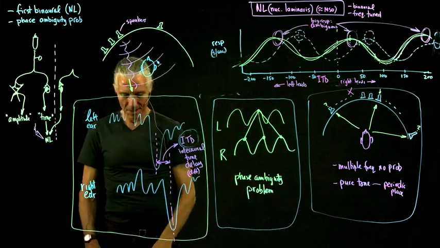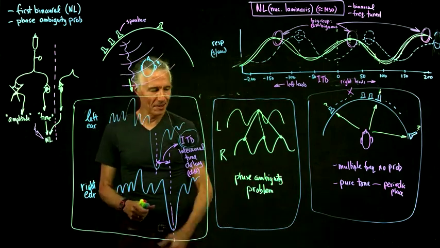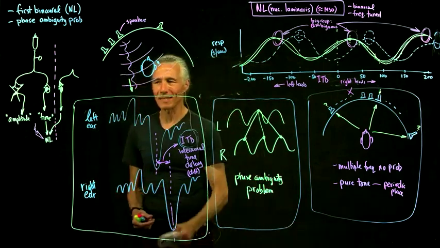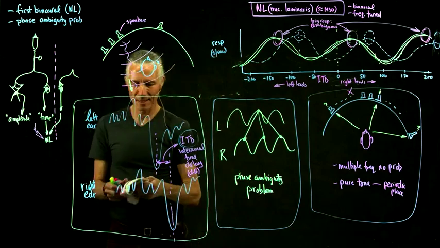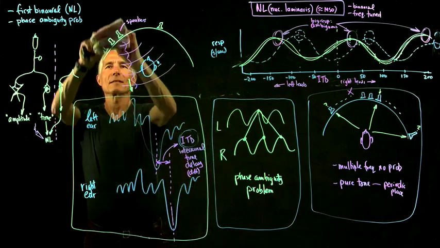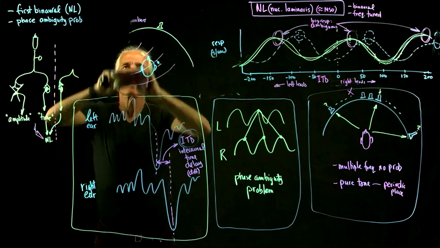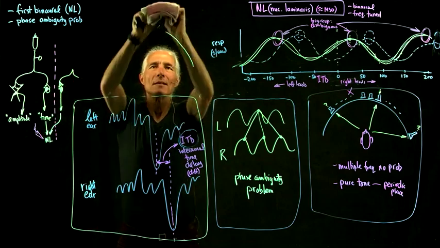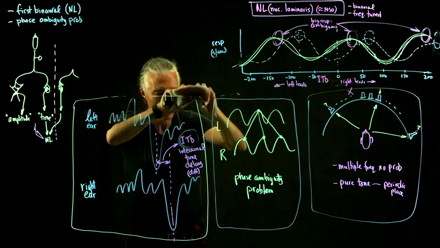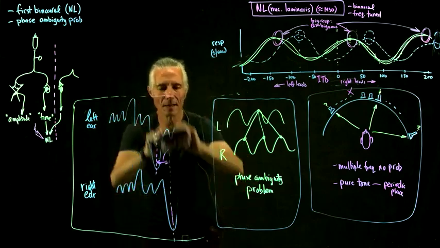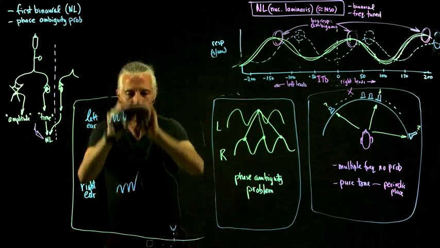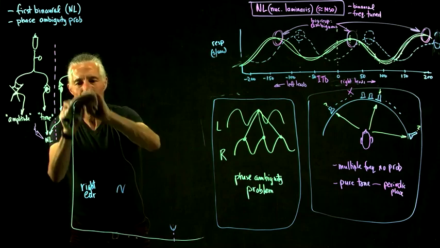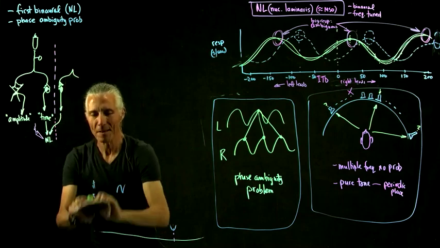So what's causing this in the nucleus laminaris? Now we'll go back to the anatomy. We've got the nucleus magnocellularis.